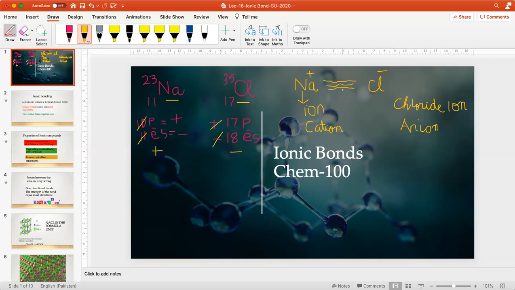So due to this electrostatic attraction, this will become now like this. They come close and they are like this, or more simply, we can say that it's now sodium chloride.